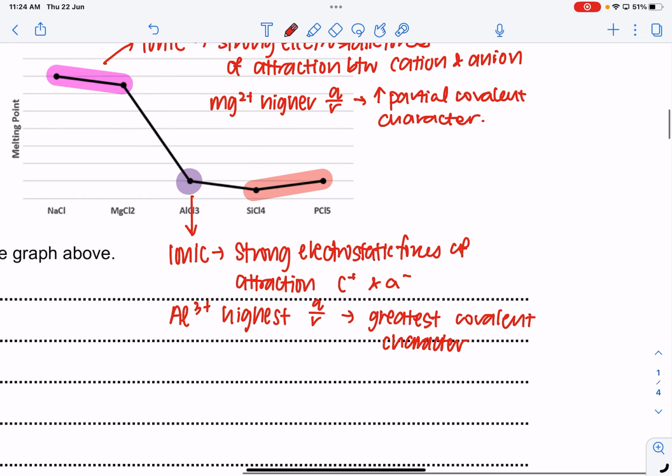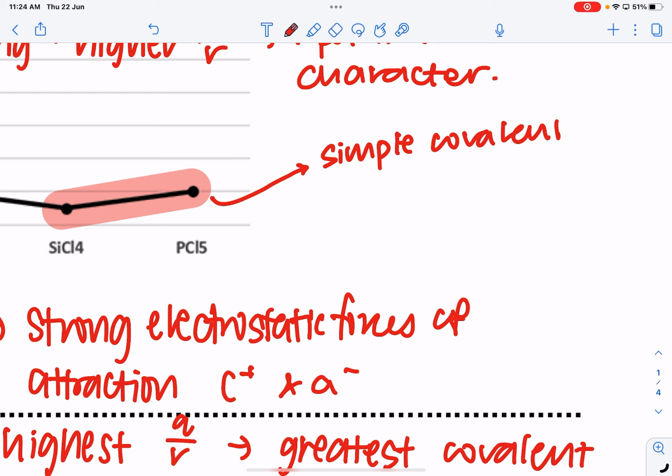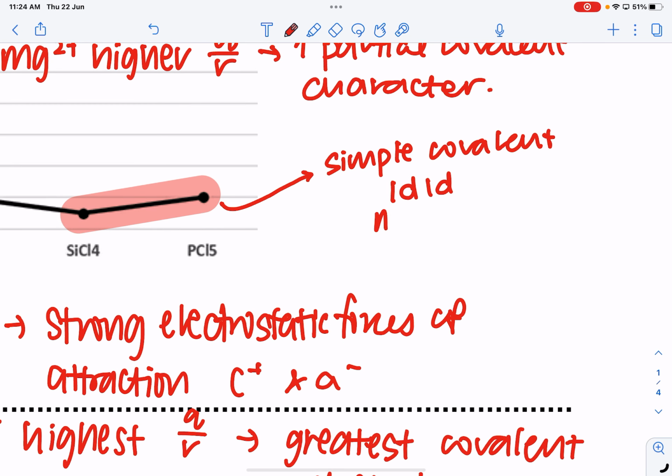Then last but not least, you need to explain for SiCl4 as well as PCl5. So this is your simple molecular, or simple covalent, so simple covalent is ID. The idea here is your Mr of PCl5 is greater than that of SiCl4. Why?